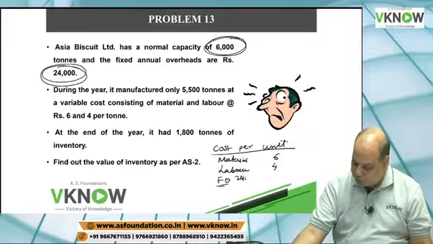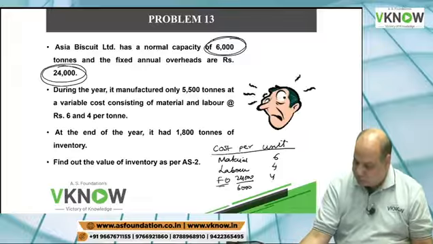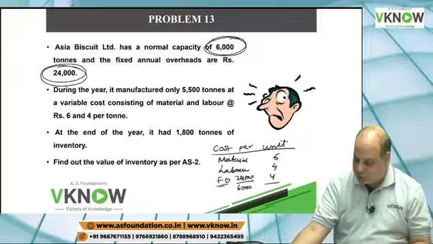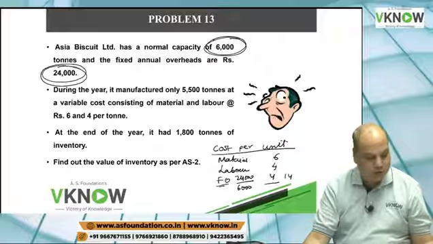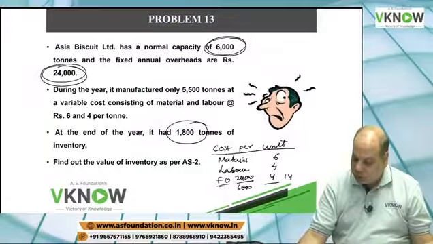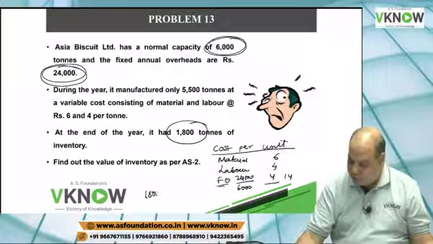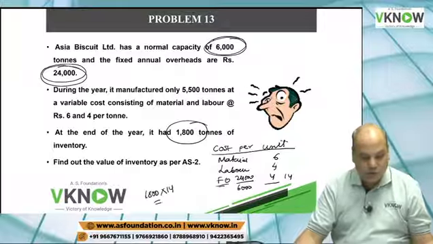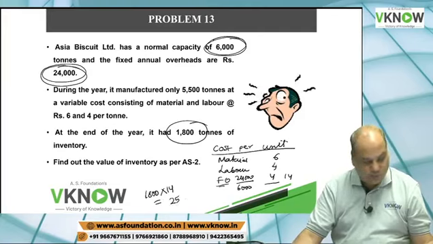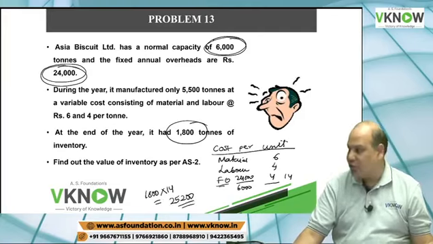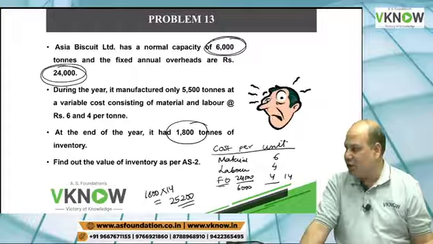So 24,000 divided by 6,000, I get 4. So my cost per unit is 14 rupees. We have 1,800 units in the closing stock. So 1,800 into 14 rupees per unit, you will get 25,200 rupees.